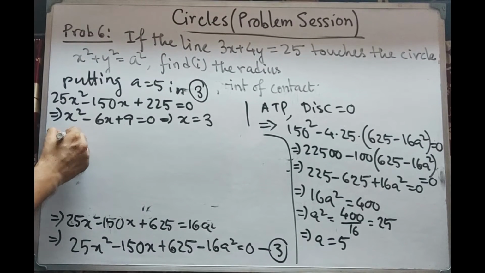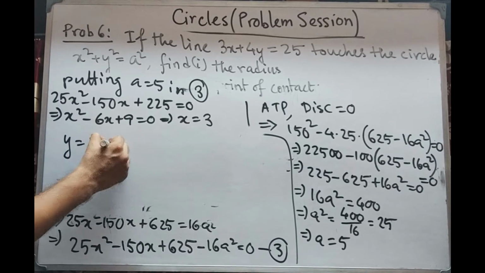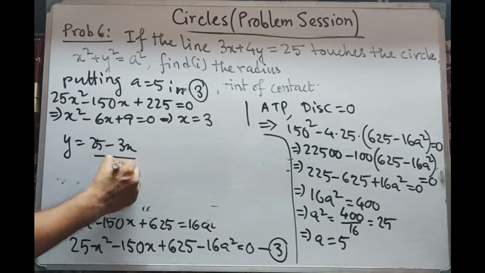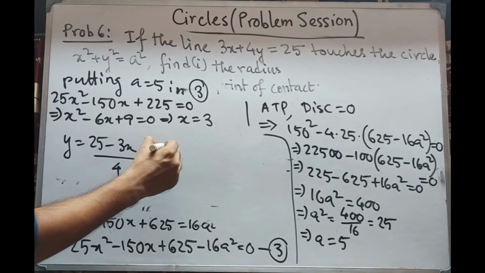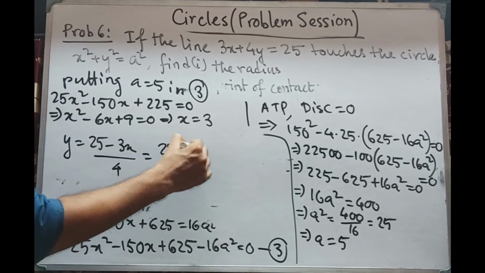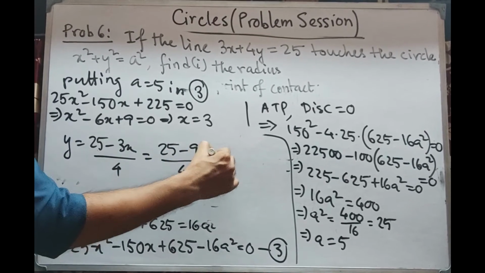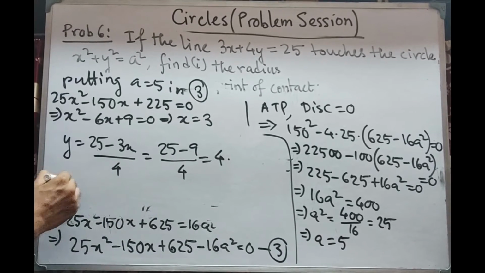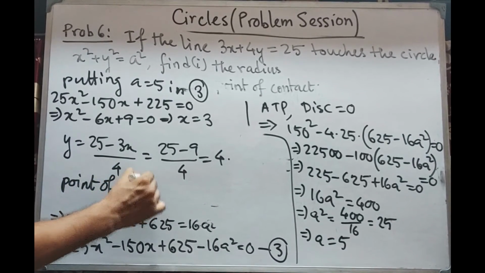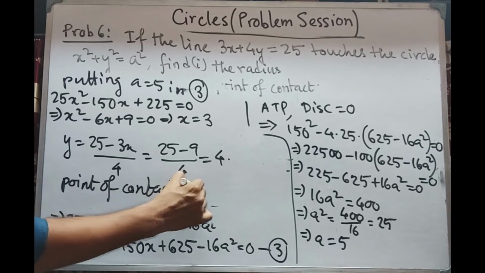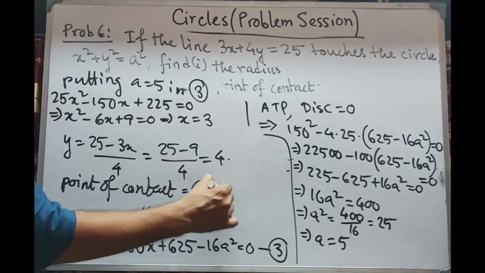So we can find the value of y from here on the straight line. So y is equal to (25 minus 3x) divided by 4. So we can say it is (25 minus 9) by 4. That means equals to 4. So you can say that the point of contact is equal to (3, 4).